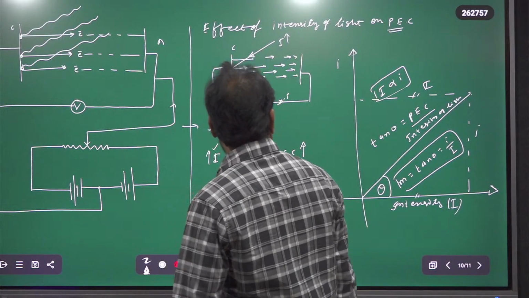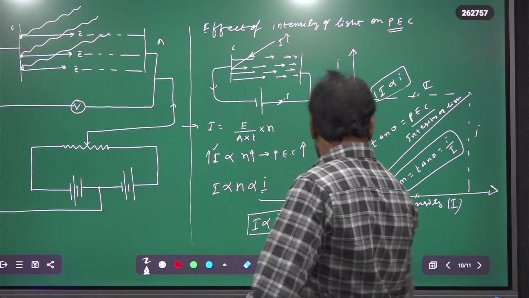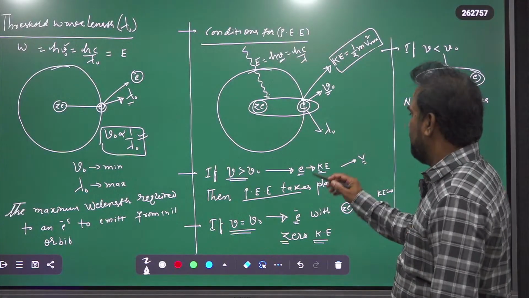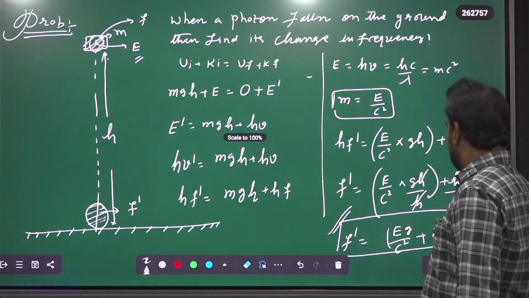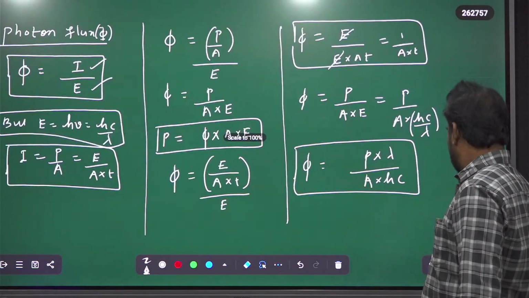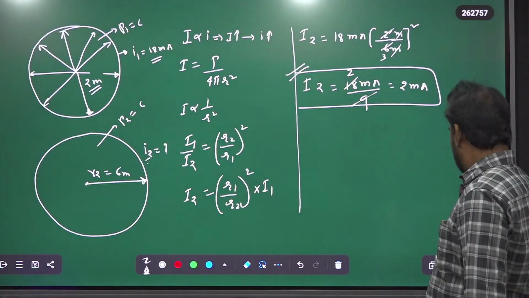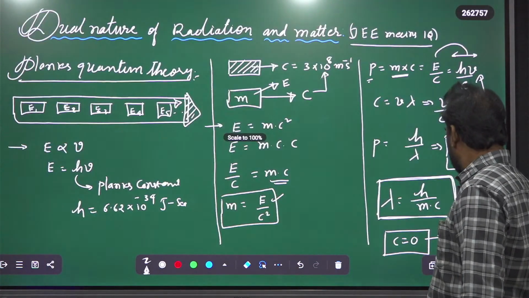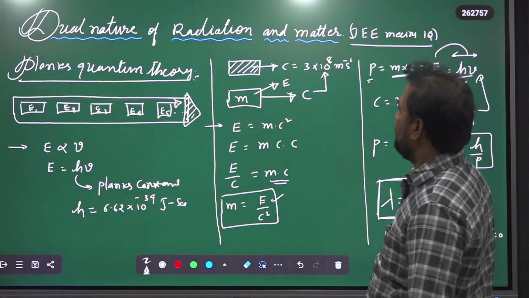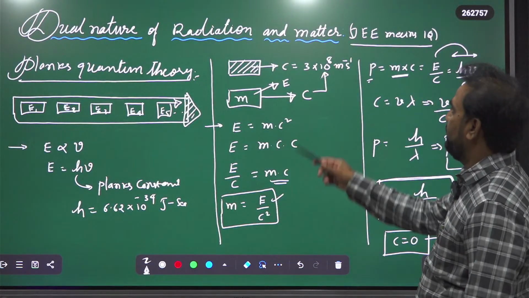Here, see, today's class: dual nature of radiation.